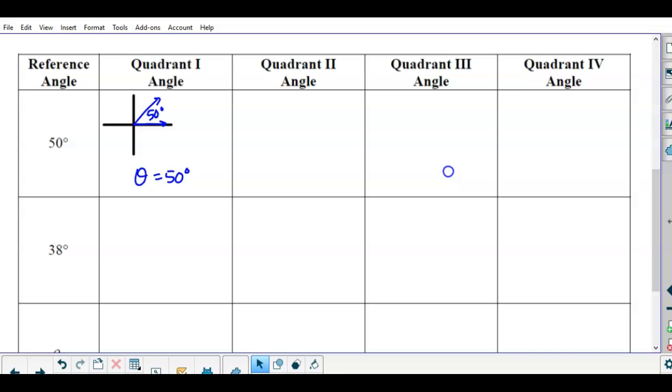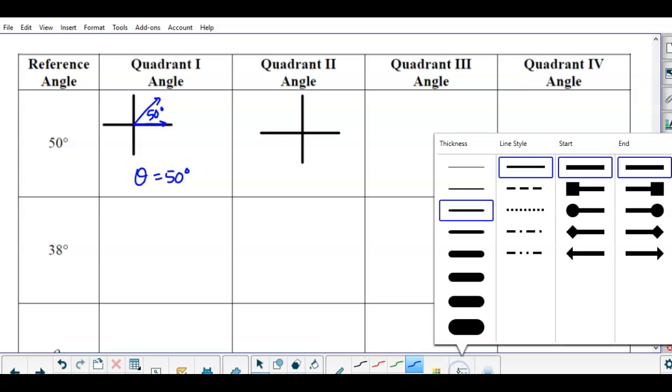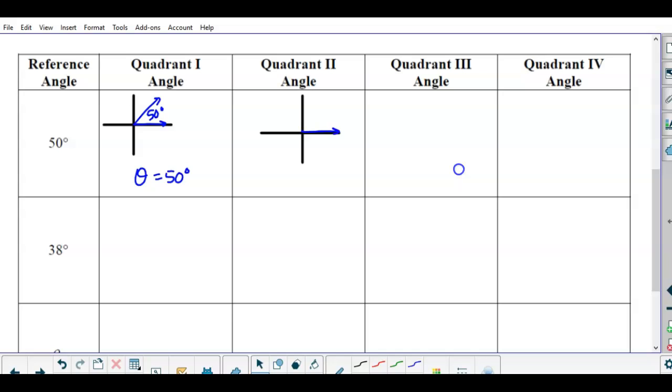If it's a quadrant 2 angle with a reference of 50, then we start here. So this is 50. So what is theta? Well, theta will be 180 minus 50, which is 130.